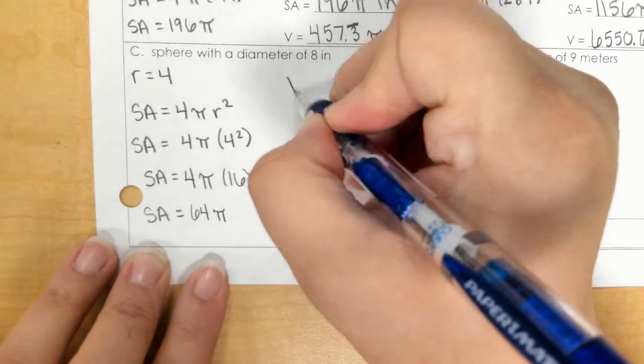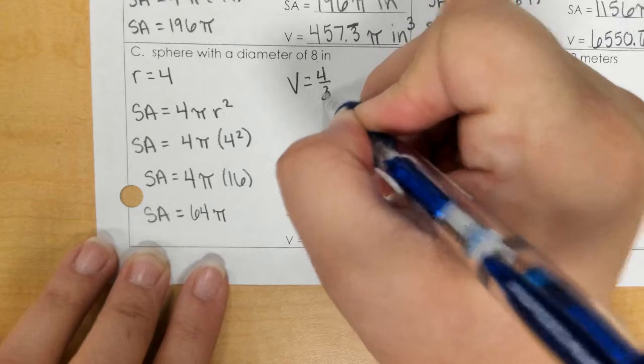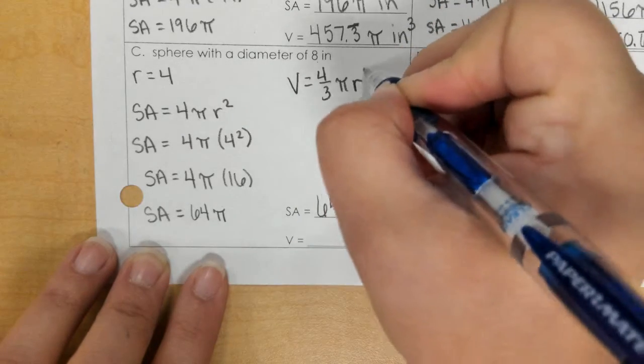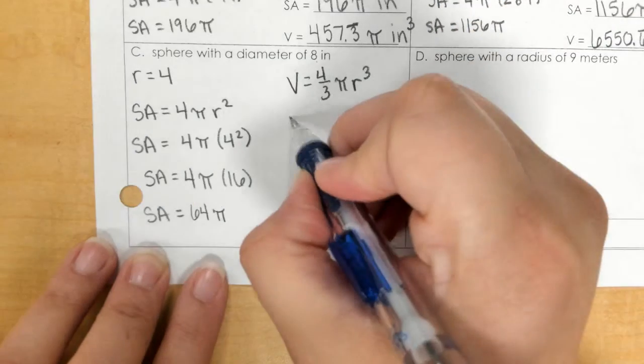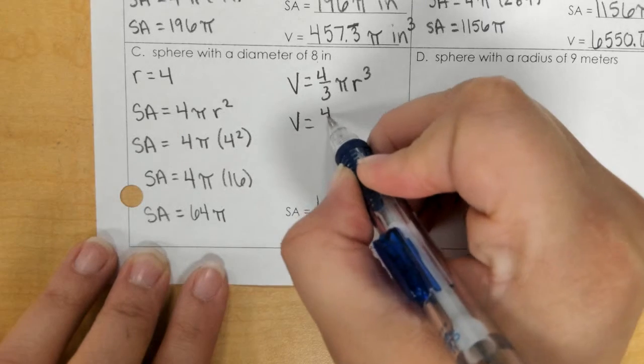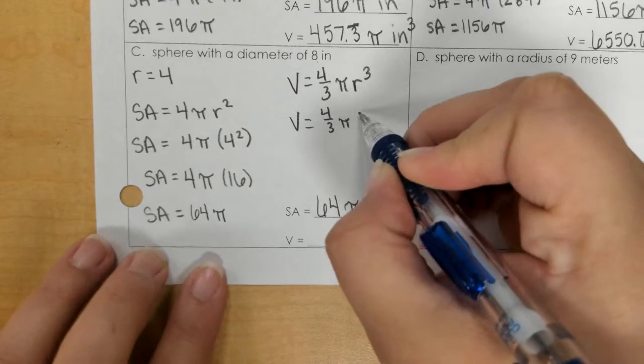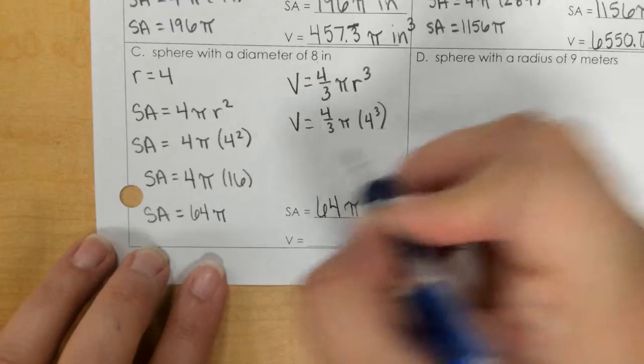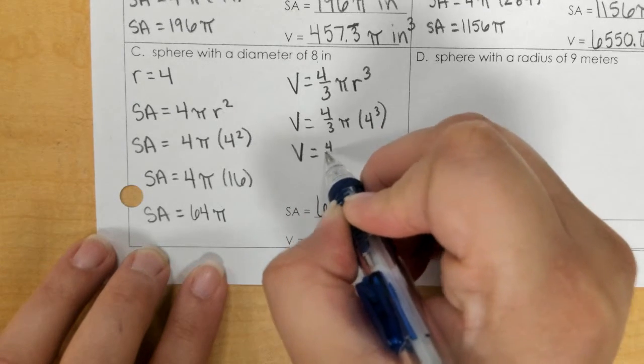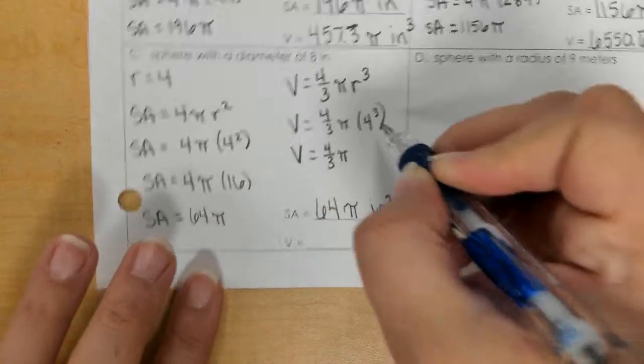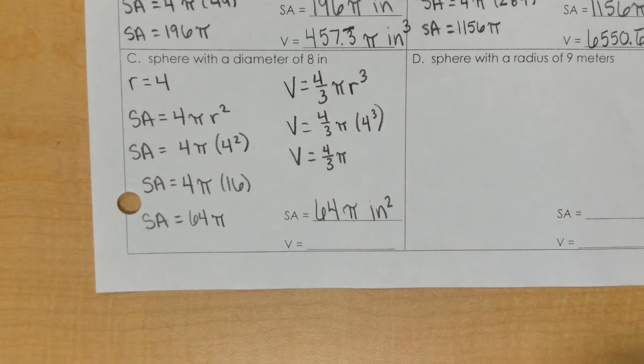For the volume, we do 4/3 pi r to the third power. Our r is 4, so we'll do 4 to the third power. If we calculate 4 cubed, we should get 64.